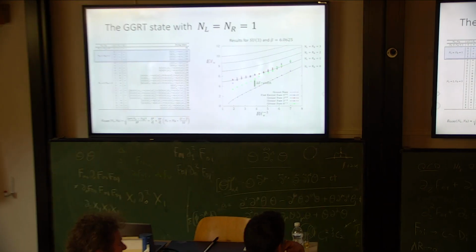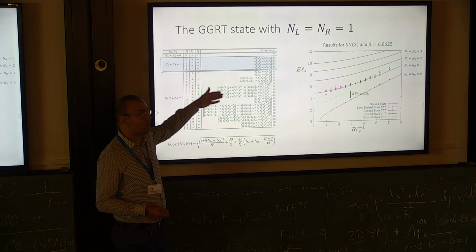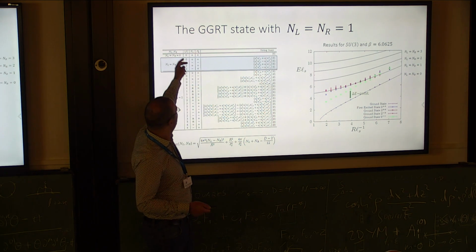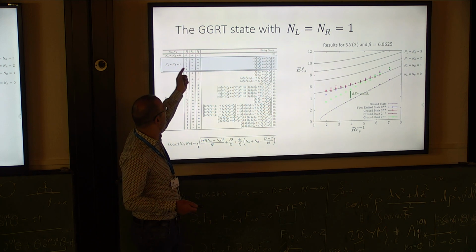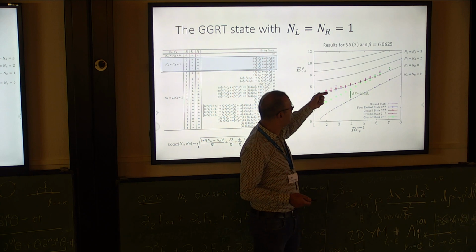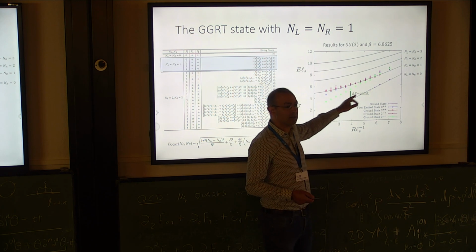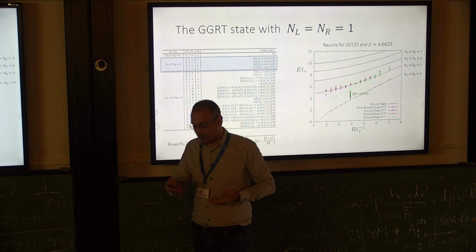In this plot, what we actually see is that according to Nambu-Goto, this should be fourfold degenerate. We have a state with 0 plus plus, 2 plus plus, and 2 minus plus, and these states appear to be very close to Nambu-Goto, while there is a state of 0 minus minus, which has huge deviations from Nambu-Goto.